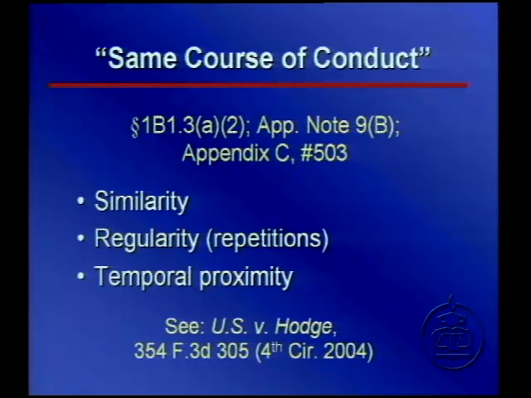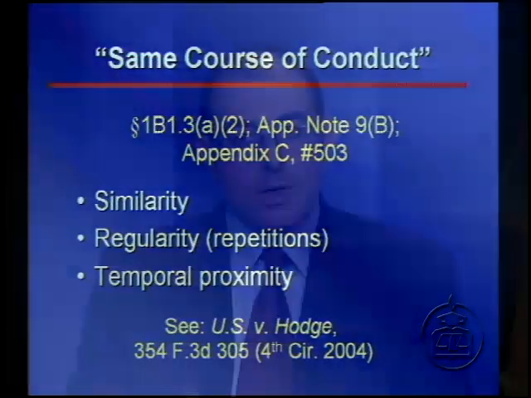And the temporal proximity: how often are these offenses occurring in a time frame? This U.S. v. Hodge case that you saw on the screen gives a good example of when one of these factors, such as temporal proximity, may not be strong. If one of the other factors is strong, such as regularity or similarity, that may compensate for the fact that the temporal component may not be as strong as the other factors.